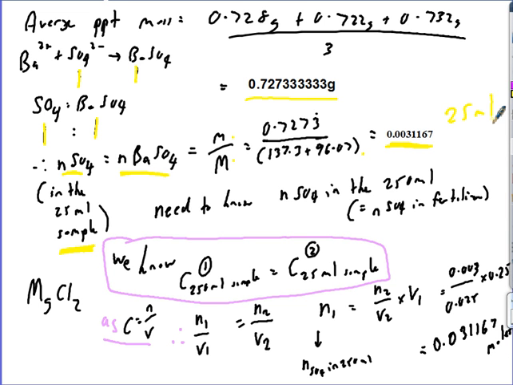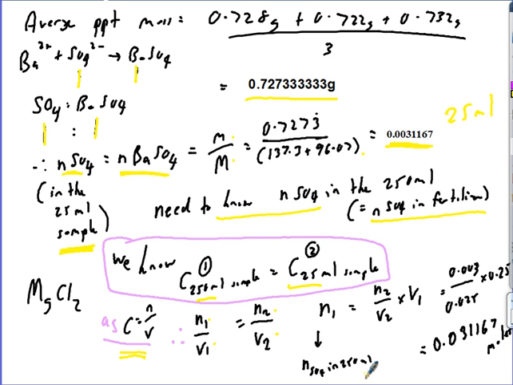But we need to know the number of moles in the 250 ml sample because that's the number of moles in the fertilizer. And this is where that concentration idea comes in. We know the concentration of the 250 ml sample is the same as the concentration of the 25 ml sample, or concentration 1 equals concentration 2. But because concentration is moles over volume, we can substitute and say that N1 on V1 equals N2 on V2.